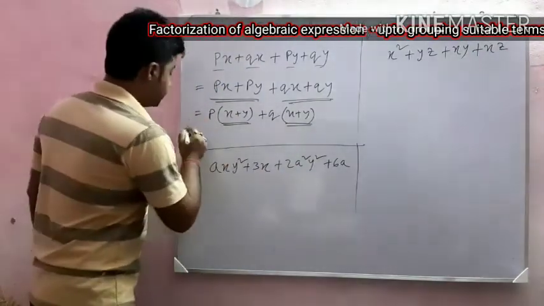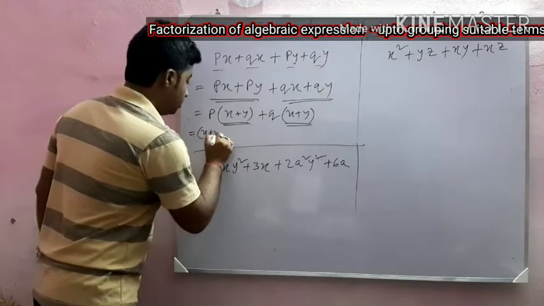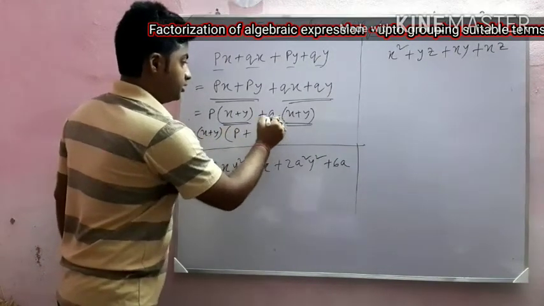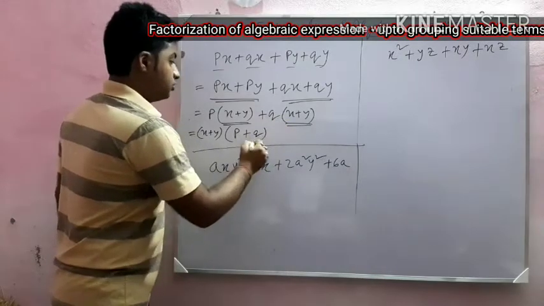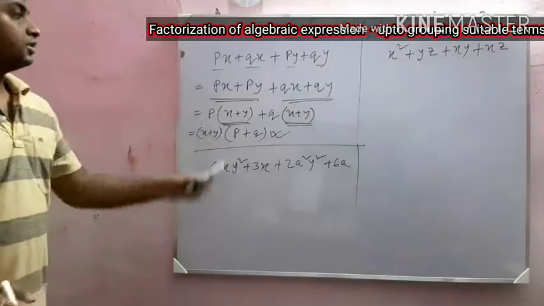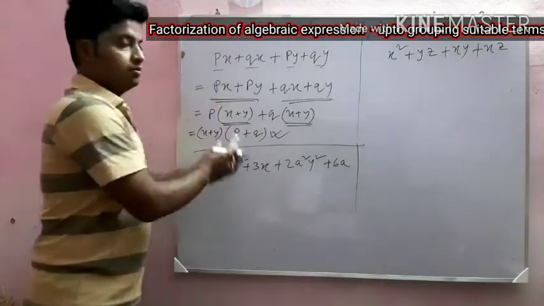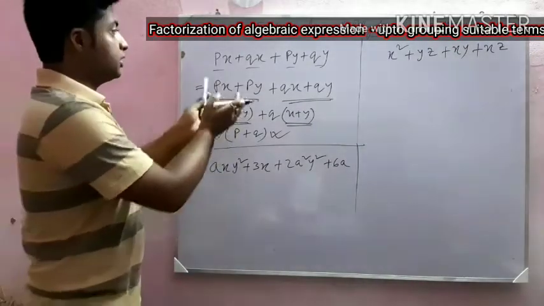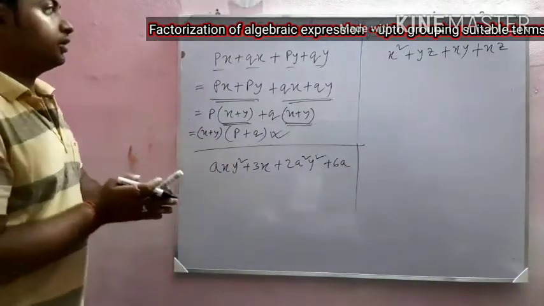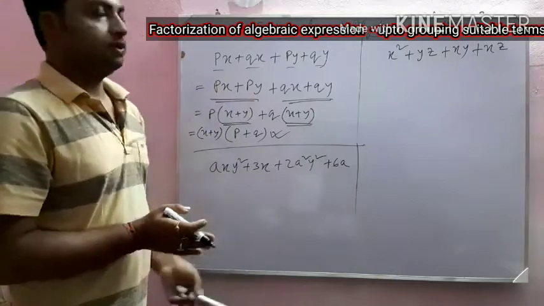So take x plus y out as common, and the remaining part is p and q. So this is the result of this factorization. This process is called regrouping of the terms. You have to regroup the terms so that you can take common. Normally you cannot take the common from this given expression.